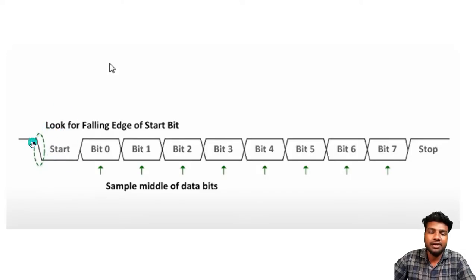How can we find the start bit? When the line changes from high to low, we can say that it is a start bit. After that start bit, we can send the 8 bits of data, and then the line changes from low to high. That is called the stop bit. So this is the frame format of the UART protocol.